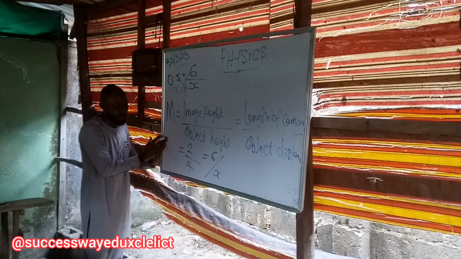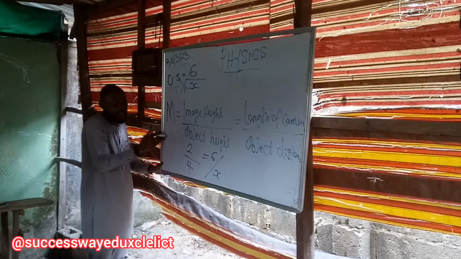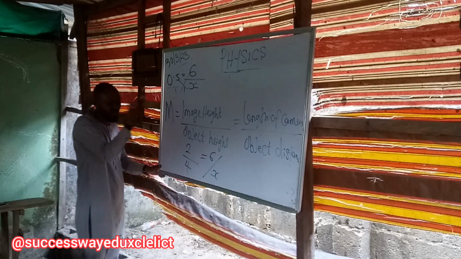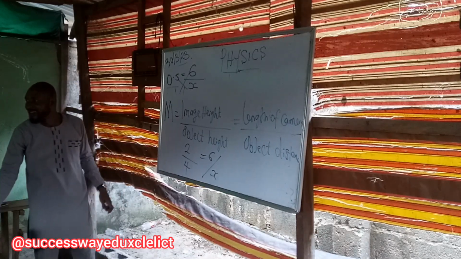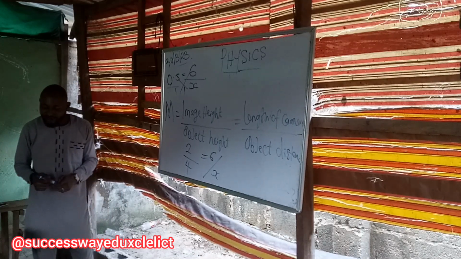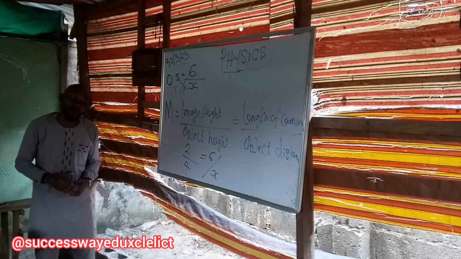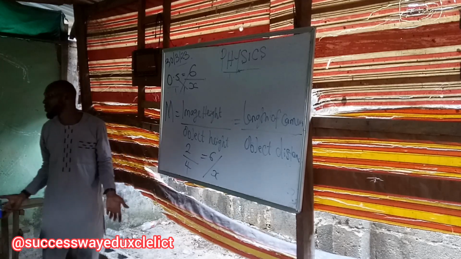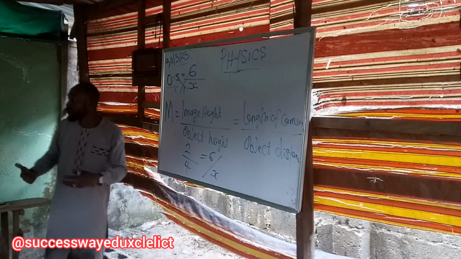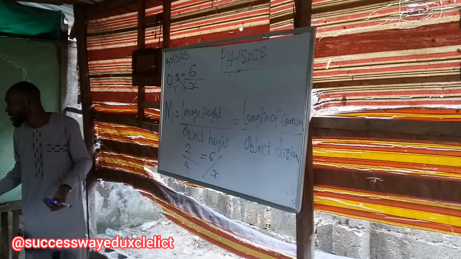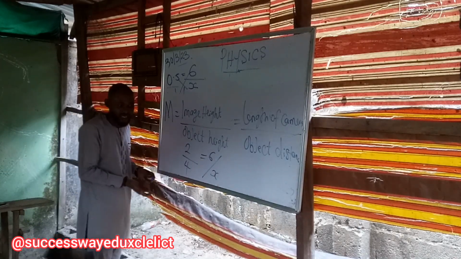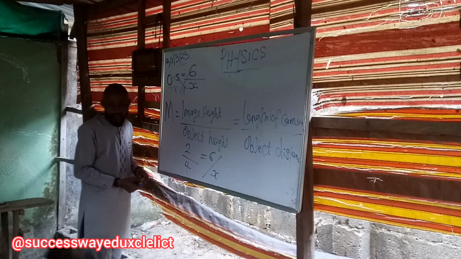Here I can just abandon this as well because that is not what I'm looking for. This is what I'm looking for. So forget about magnification. That is it. So it means you can actually solve without going to look for your magnification first because it is irrelevant. That is not what you are asked to solve for. The parameters you are asked to solve for, you've gotten it here. So from here, you can have that answer.